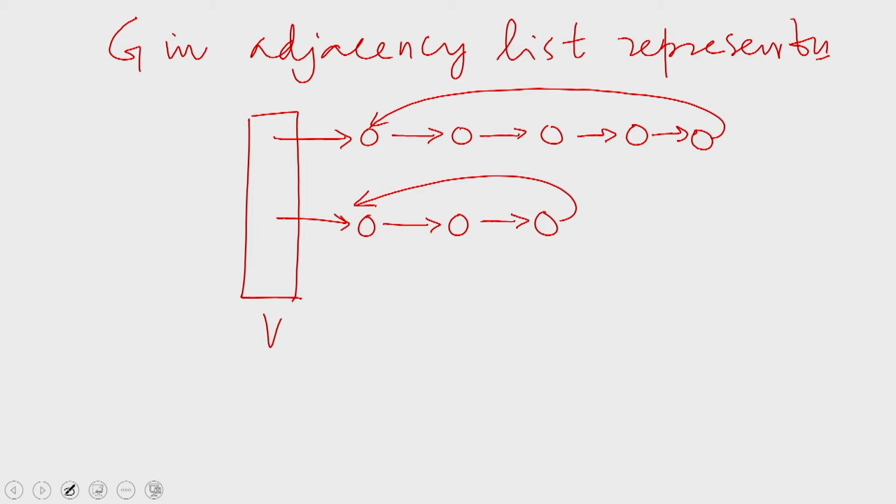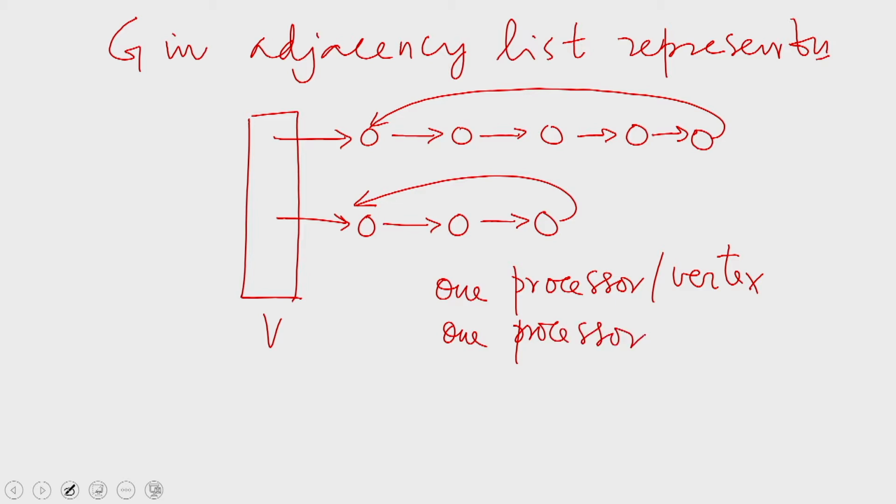So, let us assume that we have enough processors to occupy all the data values. We assume that we have one processor per vertex, and one processor per adjacency list entry.